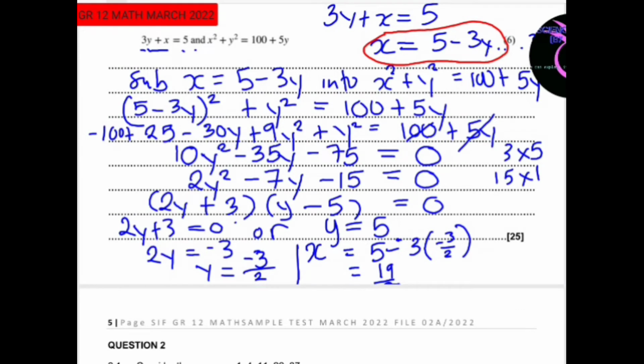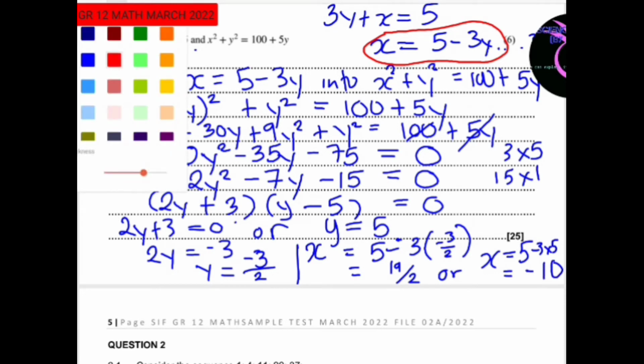So it is 19 over 2. Or x is now equal to 5 minus 3 times y, where y equals 5. So it's going to be 5 minus 3 times 5. This simplifies to minus 10.